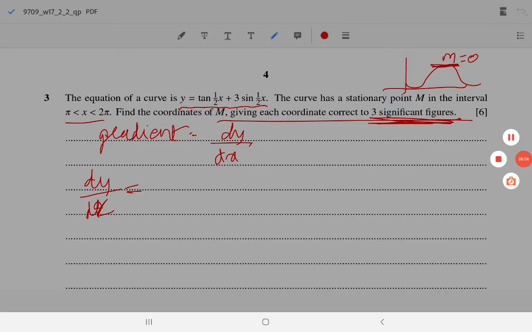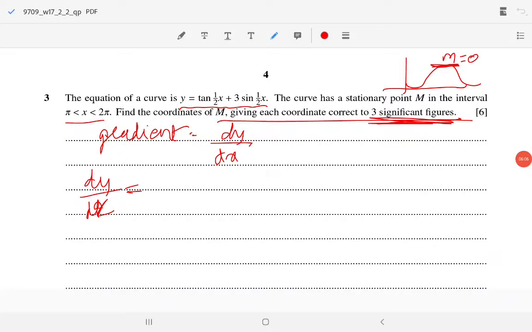So first we have to take the derivative of tan half x. So yeah, first we should know the derivative of tan x. We know that y equals tan x, which means y is also equal to sin x upon cos x.